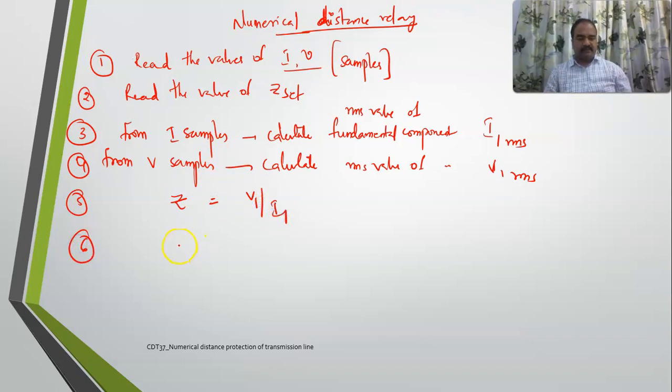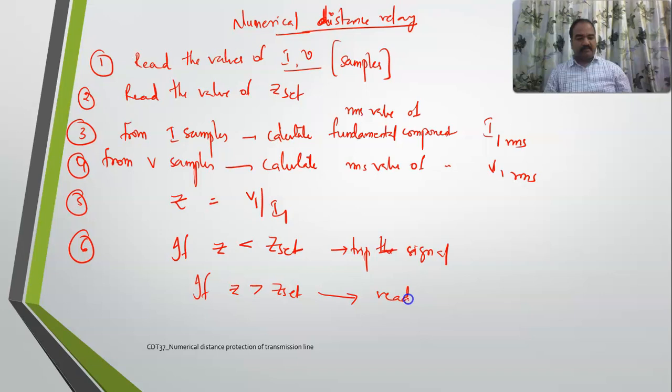The next thing is you compare with the setting value. If Z is less than Z set, then what happens? It will give you the trip signal. If Z is greater than Z set, then what will happen? Read the samples again, extract, and go back to step number 1.